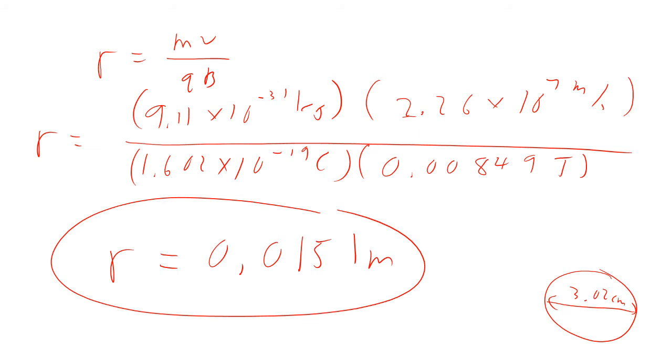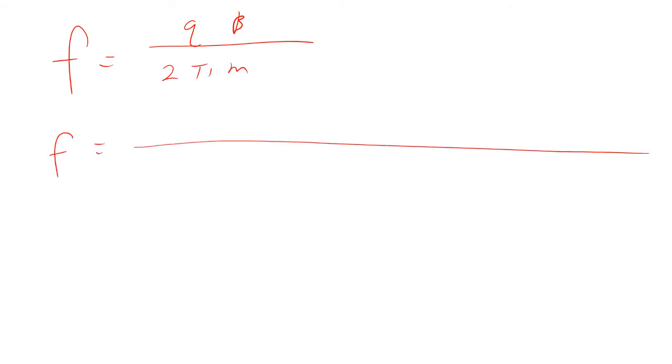Okay, what about frequency? The frequency is qB divided by 2 pi m. Well, we don't need anything other than just the basic stuff here that we have. 1.602 times 10 to the minus 19 coulombs. That's going to be the charge of the electron. Again, we'll take the absolute value of this because there is no such thing as negative radius or negative frequency.